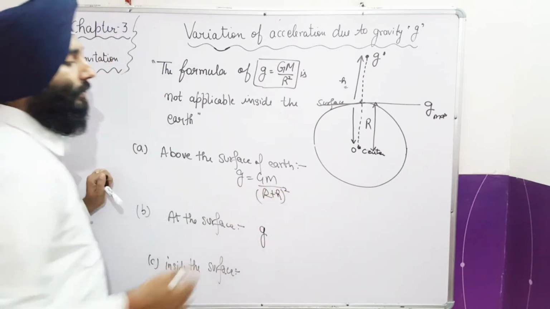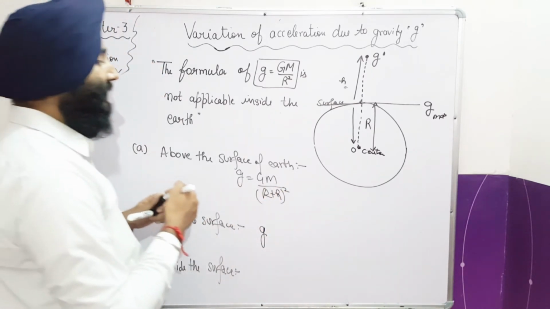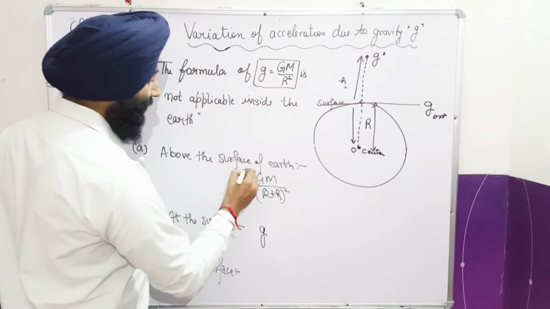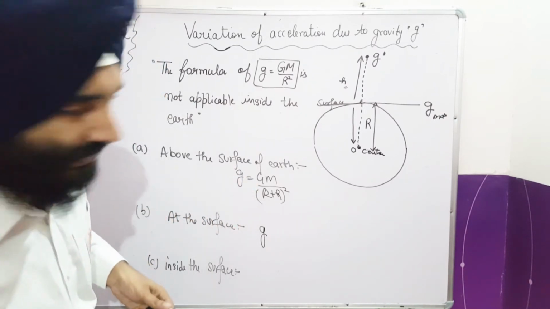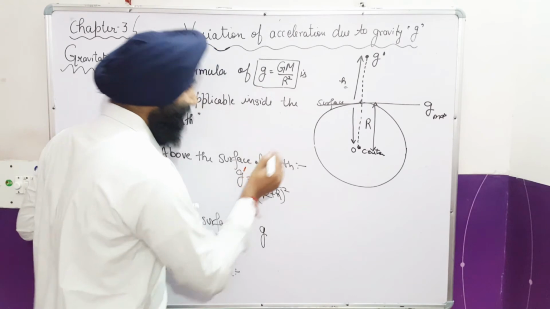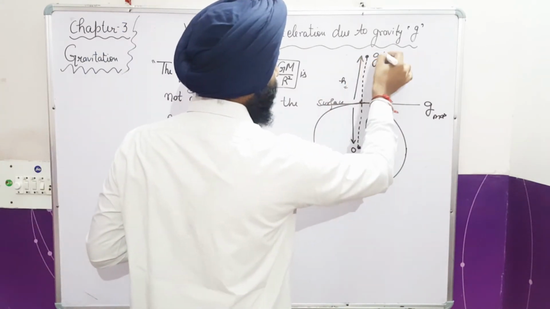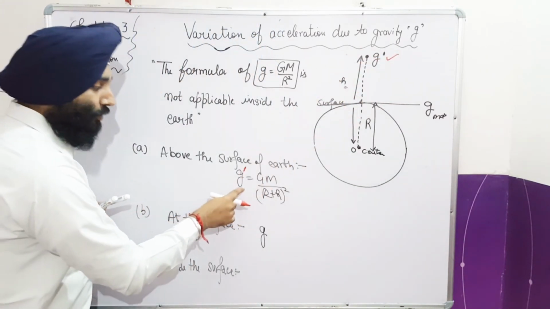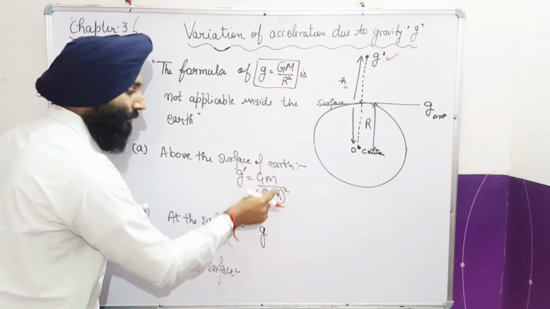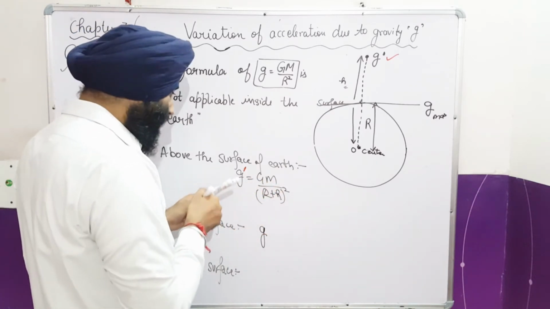Fine. It means the denominator will increase. Then the value of gravity should be g dash. I am taking above the surface of the earth, the value of gravity should be g dash. So the value of g dash is equal to GM upon (r plus h) the whole square.